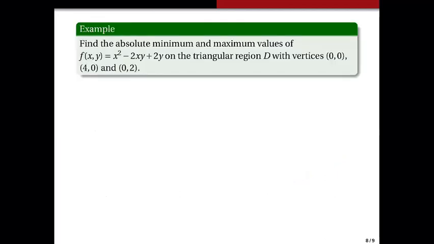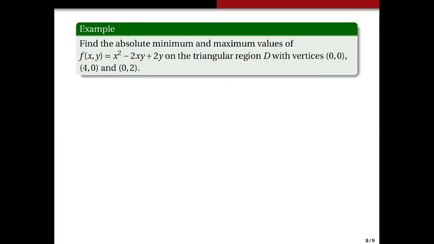Find the absolute minimum and maximum values of f given by x squared minus 2xy plus 2y on the triangular region D with vertices (0,0), (4,0), and (0,2). So our domain here is a triangle with these vertices, and all the points inside the triangle and also on the sides of the triangle.